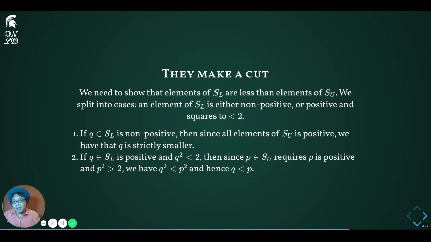In the second case, since elements p in SU square to something greater than 2, we see that p squared is bigger than q squared. Since both p and q are positive, we must have p is bigger than q. Having verified that SU and SL make a cut, we next show that SU has no minimum and SL has no maximum. These together show that Q is not order complete.